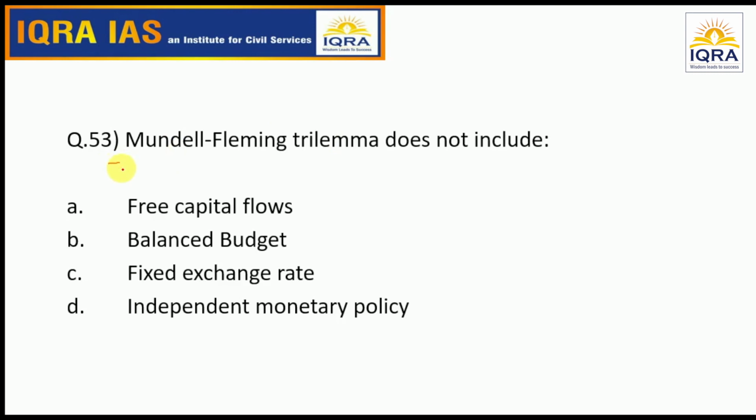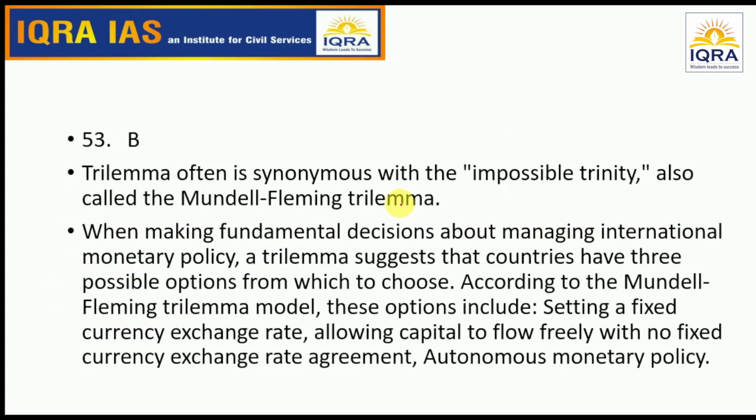Question number 53. Mundell-Fleming trilemma includes free flow capital, balanced budget, fixed exchange rate. This is, I think, balanced budget. Yes. This trilemma is often synonymous to the impossible trinity, and when making fundamental decisions about managing international monetary policy, a trilemma suggests that countries have three possible options to choose.